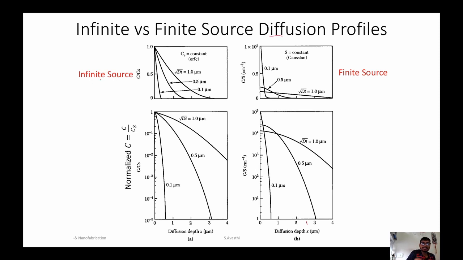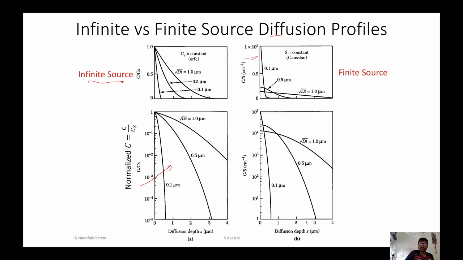These are the infinite sources, and one more thing, C by Cs with time is increasing.